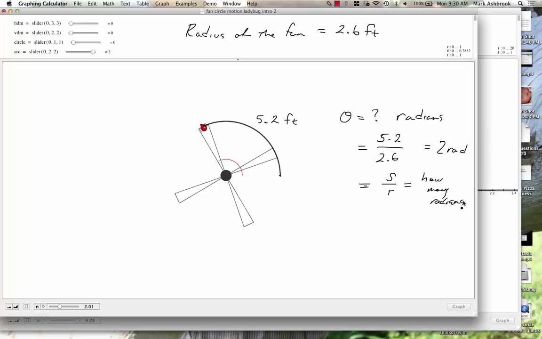S or R? Right, equivalent to S. And that's what radian measure is. How many radius lengths equivalent to S? So that's why to get theta you divide S over R, because that would give you how many radius lengths are the same. How many lengths of R units fit into whatever arc length S you have.